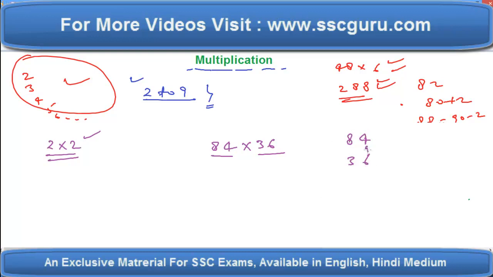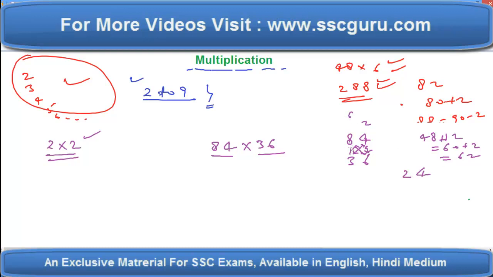We multiply 4 by 6, which is 24, 4 and carry 2. After that we multiply diagonally and sum those numbers: 8 times 6 is 48 plus 4 times 3 is 12, which is 60, plus 2 carry. It will be 62, so 2 stays here and 6 will be the carry.